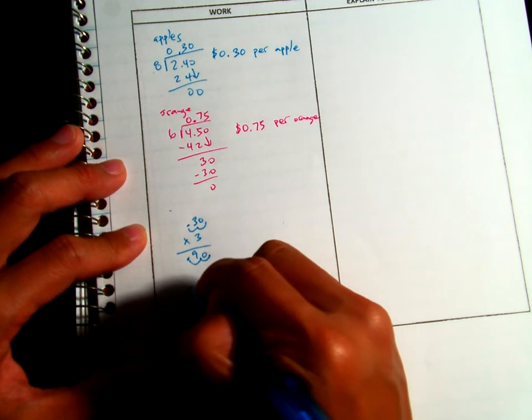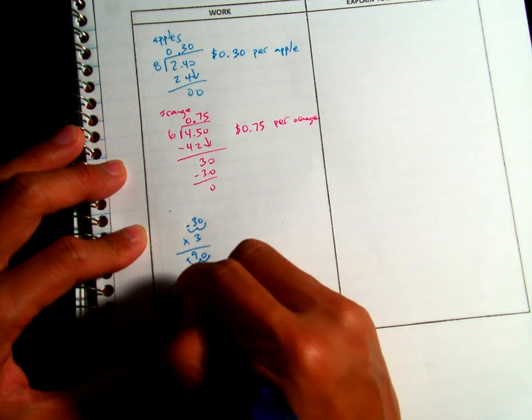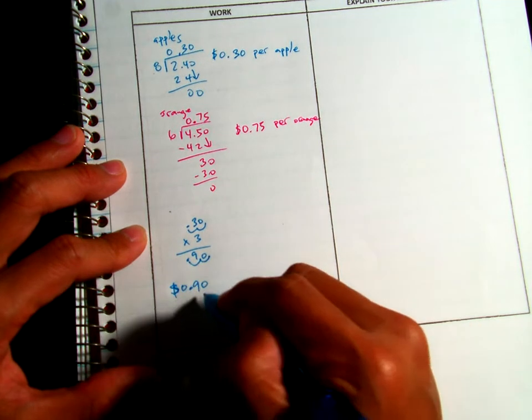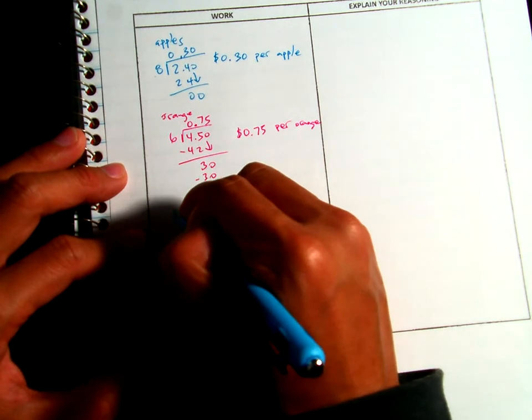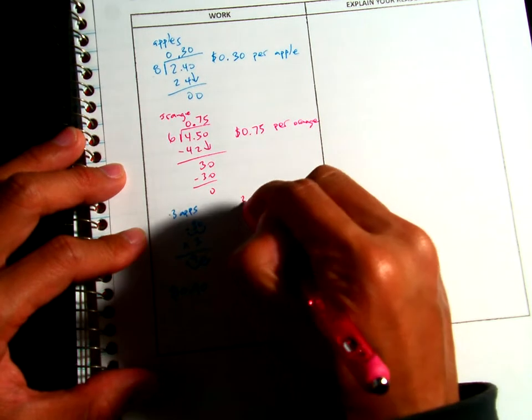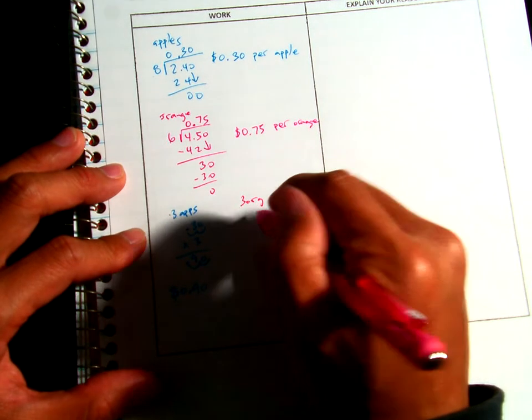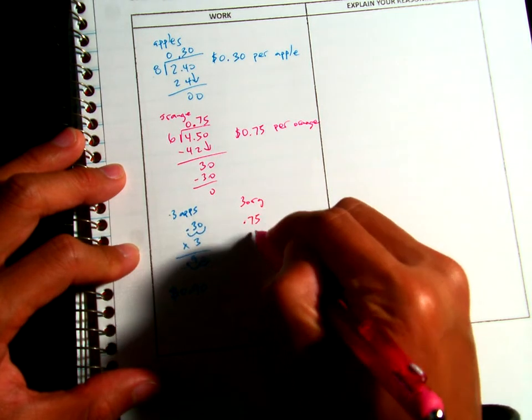So the cost of 3 apples is 90 cents. Don't box that. That's not our answer. It's the cost of 3 apples. And then let's do the cost of 3 oranges, which is 0.75 times 3.